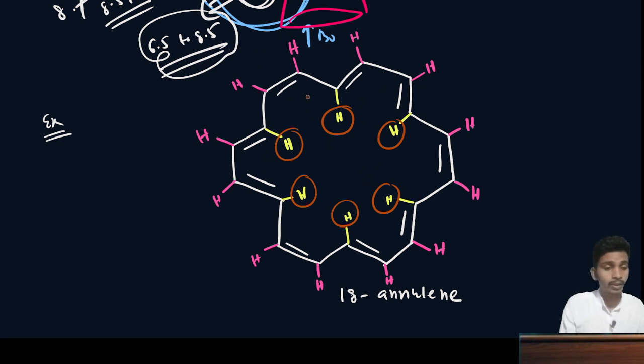After that we count the number of pi bonds. If it is odd, then it is aromatic, and if it is even, then it is anti-aromatic. So count: 1, 2, 3, 4, 5, 6, 7, 8, and 9. So the number of pi bonds is odd, that is 9, so this is aromatic.